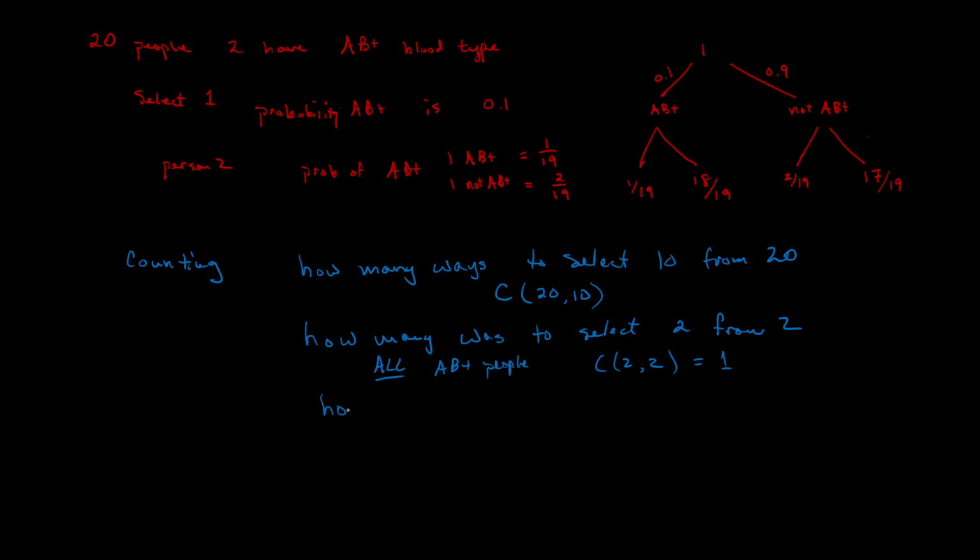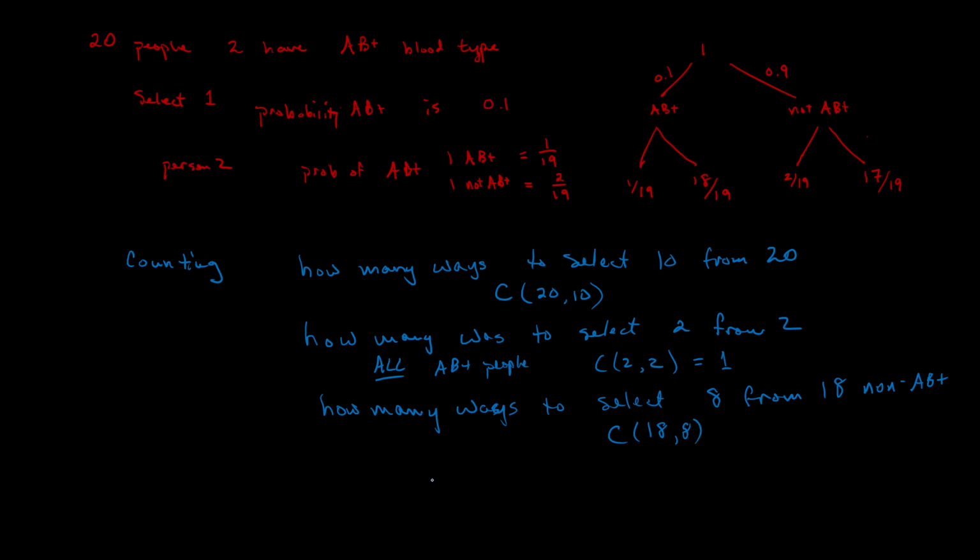And then how many ways to select 8 people from my remaining 18 non-AB positive. Once again, order is not important, so combinations of 18 taken 8 at a time.